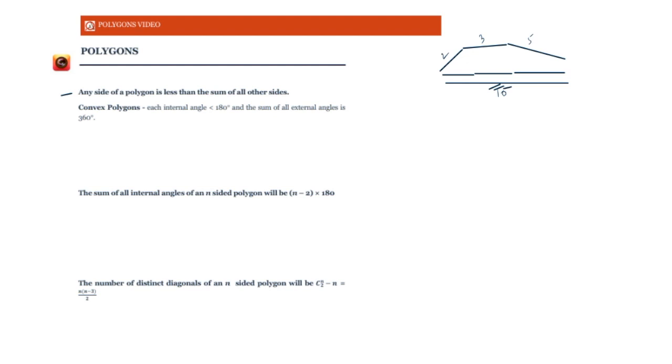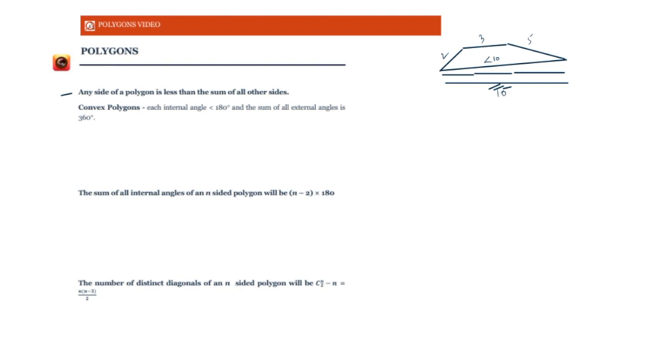Only then can it work. If it is 10, then I'll have to lay down my sides of 2, 3, and 5 in a straight line. But then I can't make a closed figure with that. So that is why, just like in a triangle, in a polygon as well, any side of a polygon is less than the sum of all other sides.